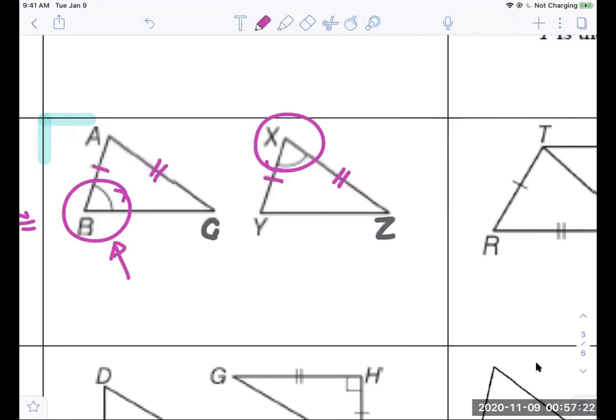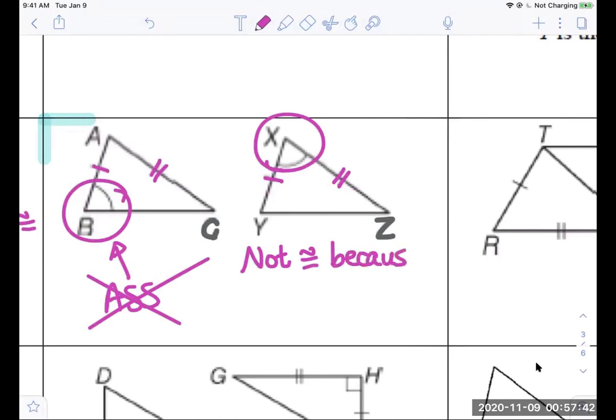So you do not have corresponding parts in the right positions. And even if you had this corresponding angle down here, that'd be angle side side, right? Not allowed to use angle side side. These are not congruent because the angles are in non-corresponding places.